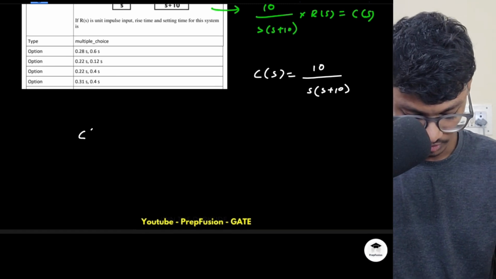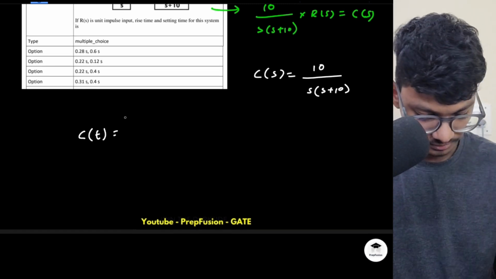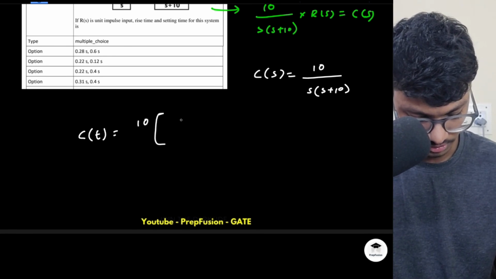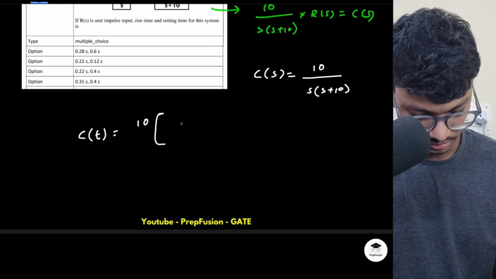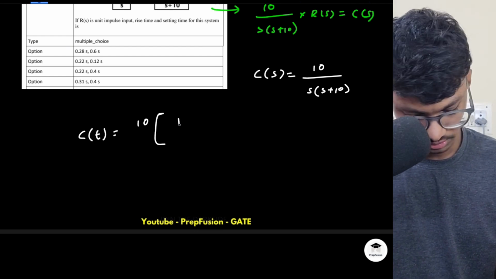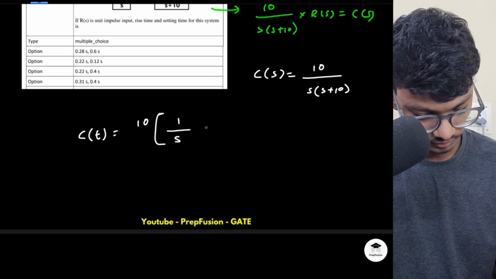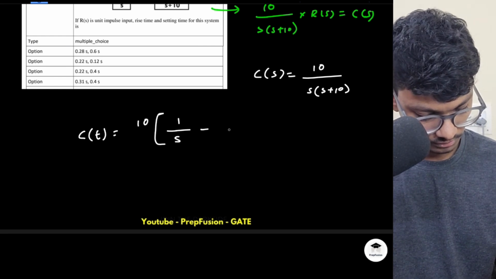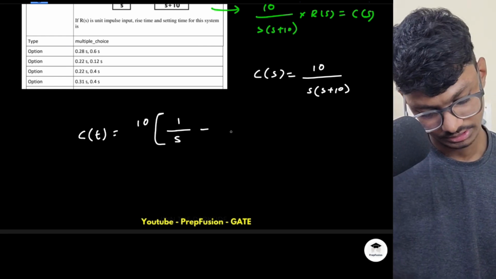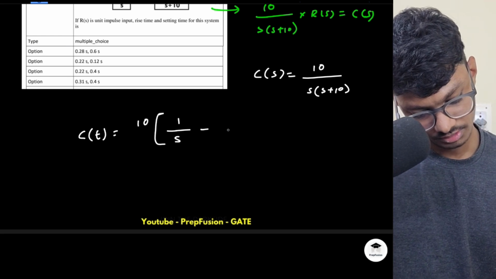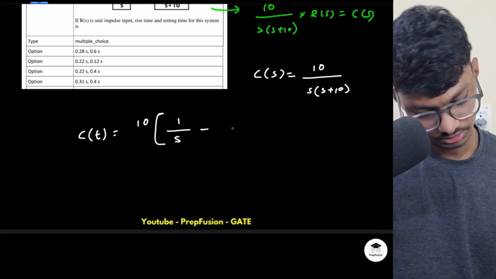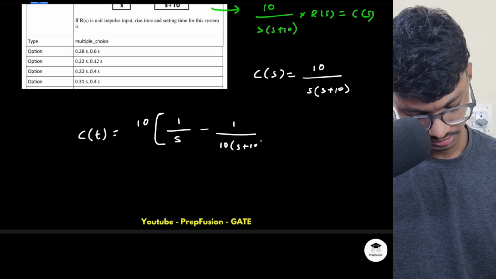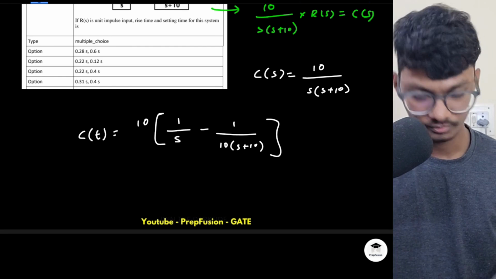So if I want to find out the C of t now, I can take 10 common. If I put S equal to 0, this will be 1 by S. If I put S equal to minus 10, it's 10 by S plus 10. So this will be your value, correct?